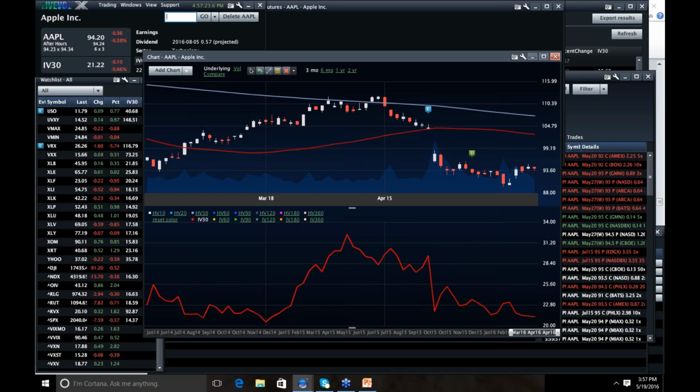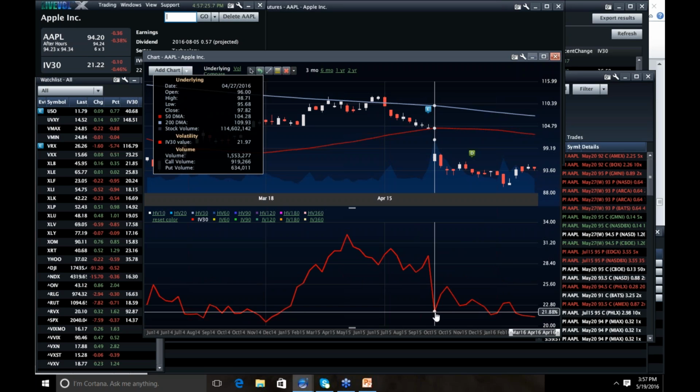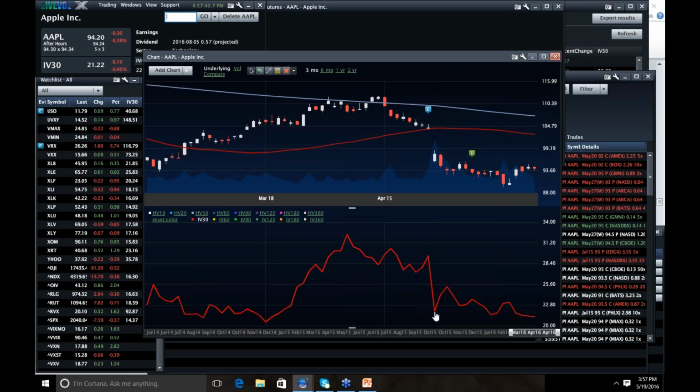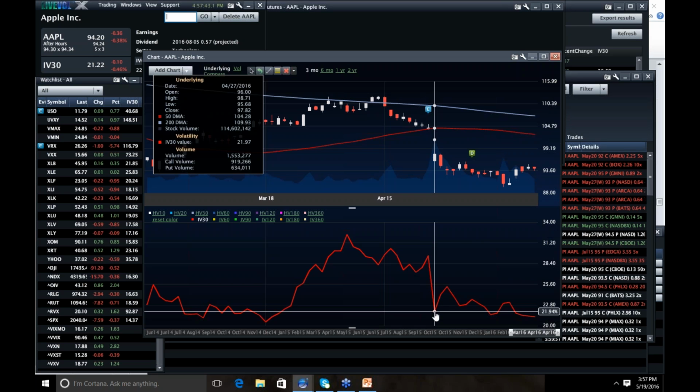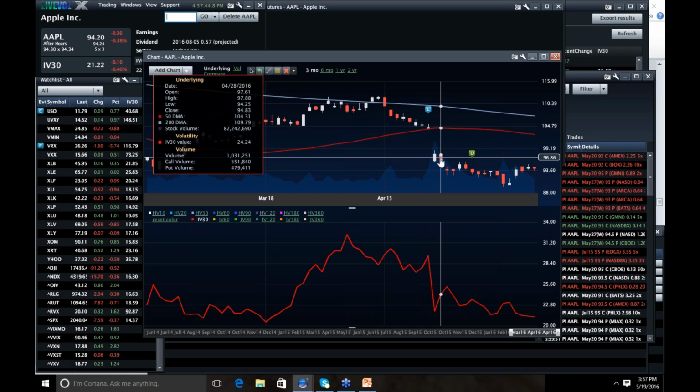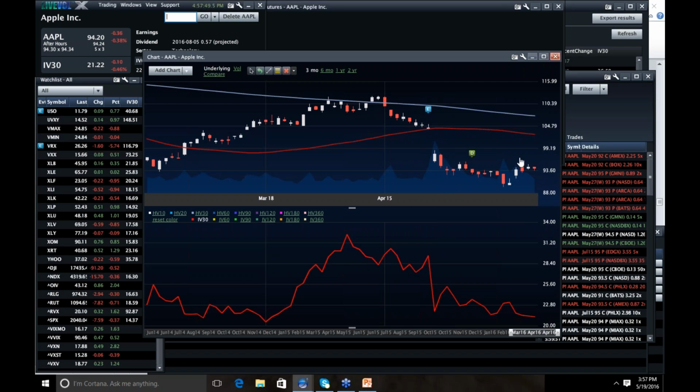So what I want you to notice is here. Apple had a really bad earnings report and closed about 97.5 bucks. We were backing up the truck on put buys and straddles and things like that. Why? Well, we thought the underlying was going to keep going and implied volatility would rally.